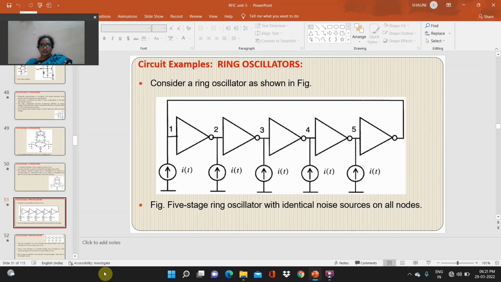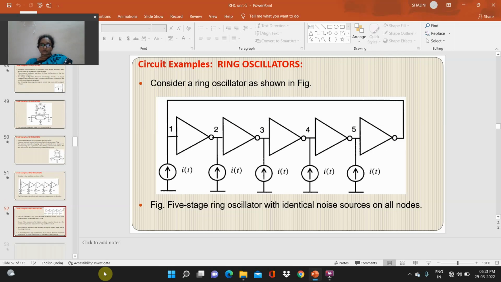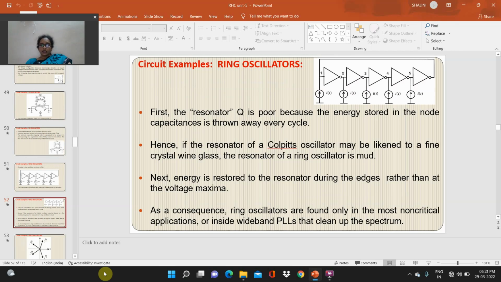Consider a ring oscillator as shown in the figure. A 5-stage ring oscillator with identical noise sources on all the nodes. So, ring oscillators. First, the resonator Q is poor because energy stored in the node capacitances is thrown away every cycle.